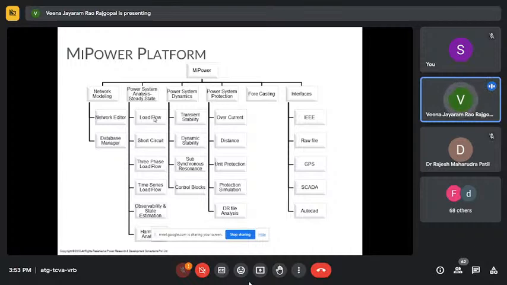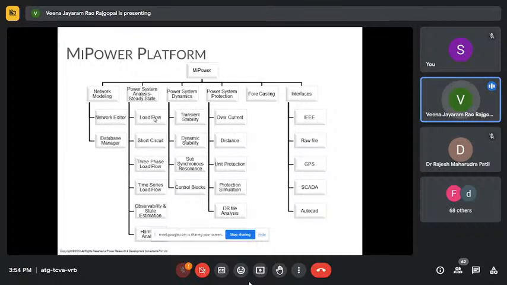If I just want to check whether my breaker ratings are sufficient, then I don't go for electromagnetic transient analysis. For me, steady state short circuit is sufficient. But when I'm doing, for example, a critical clearing time, then my steady state fault analysis will not be of much help.